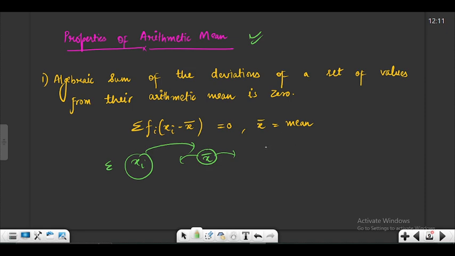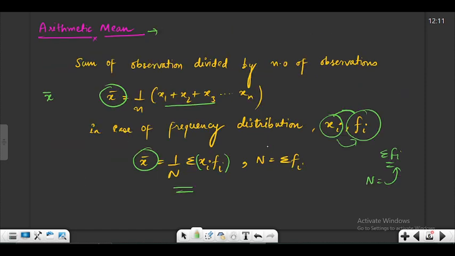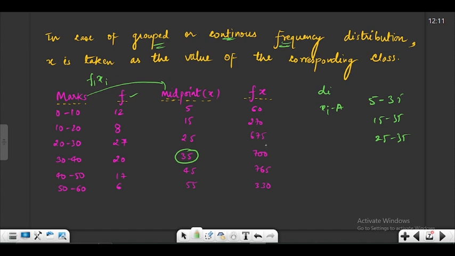So let me take an example. Now suppose these are the xi's, of which you have to calculate the mean. So suppose the mean of these numbers is 30. Okay, and you have to calculate the deviations.